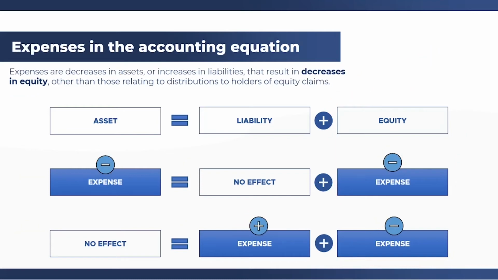The reverse analysis is also applicable for expenses. Again, expenses are decreases in assets or increases in liabilities. So decreases in assets and increases in liabilities result in decreases in equity.